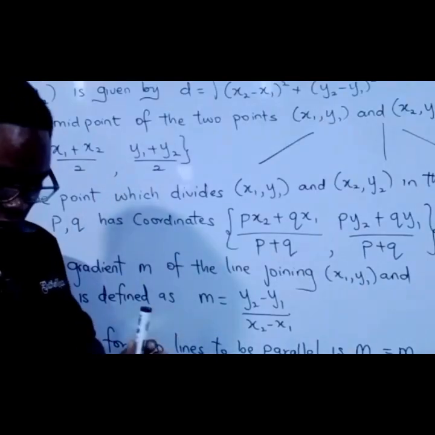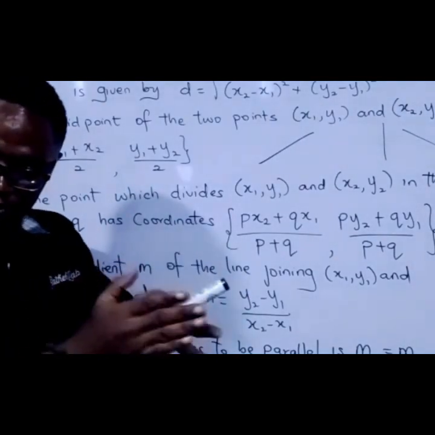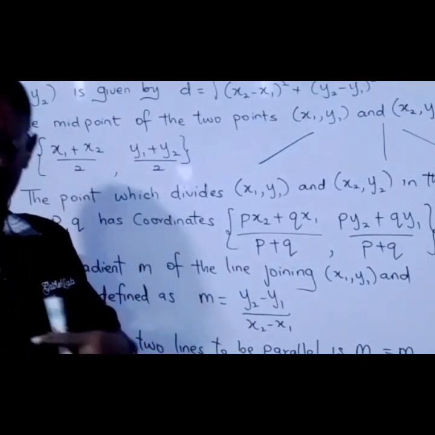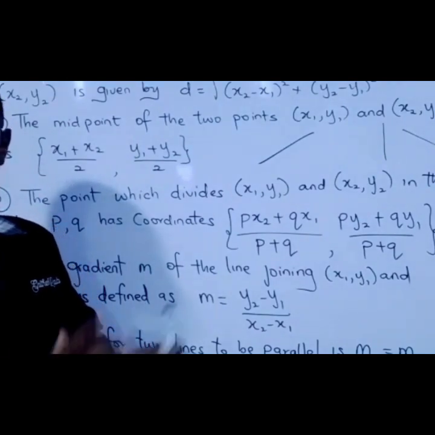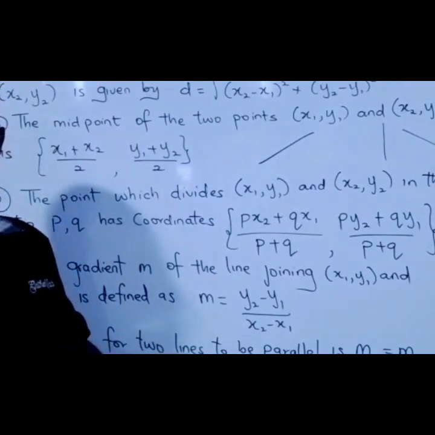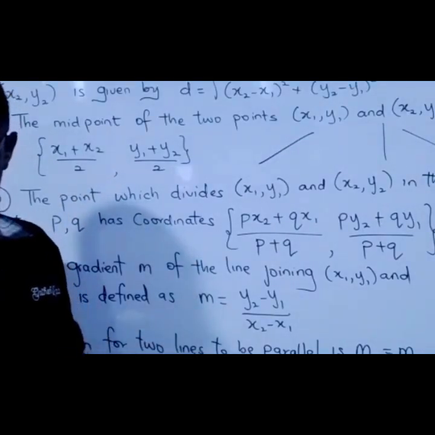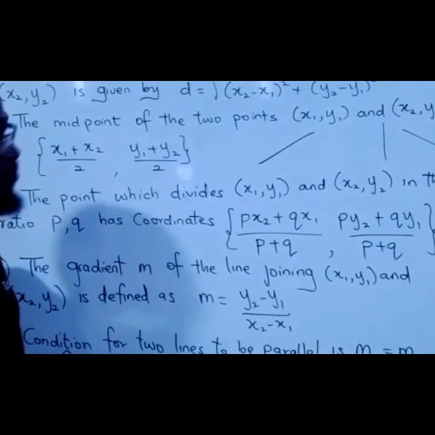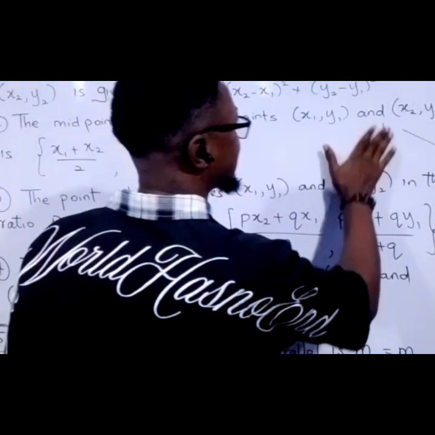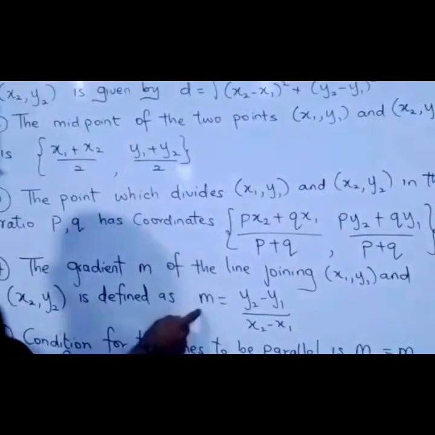The different angles that the different lines are aligned at will form different gradients. We have some gradients that are 1, some that are half, some that are minus, just different gradients. It shows you the direction that the line is facing. So that's that. This is easy.